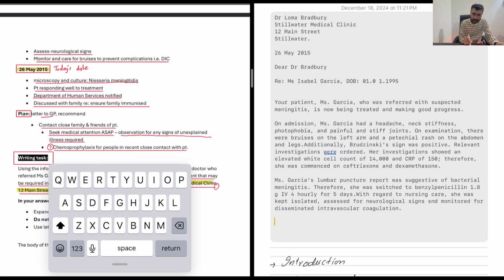It showed Neisseria meningitis, the patient is responding well, and we have notified the Department of Human Services and discussed immunization with the family. Here we write today, because it is today's visit.